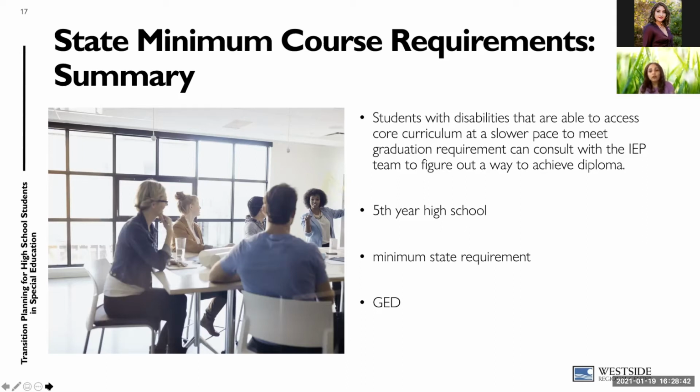Another route that we can take is doing the minimum state requirements. A child is going to be able to have their diploma completing with the minimum state requirements. However, some districts do not allow that. They have their own requirements and they are allowed to have their own requirements.